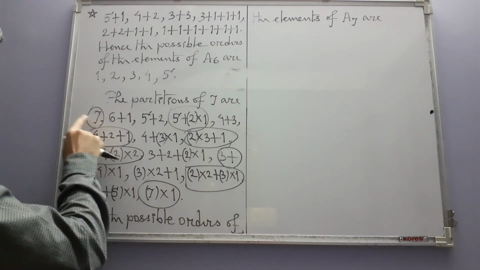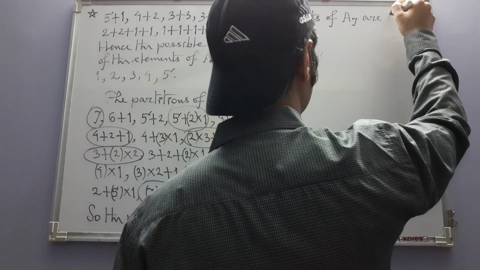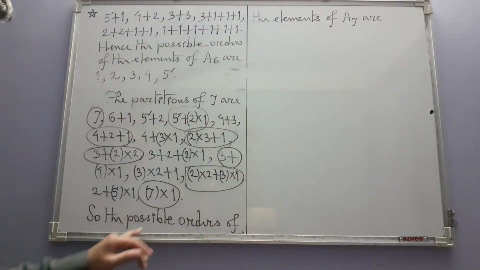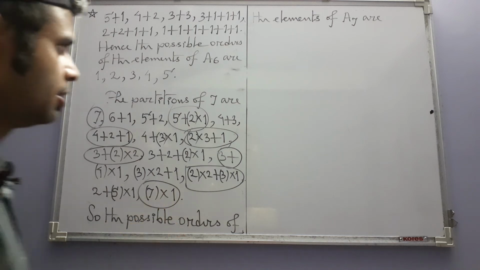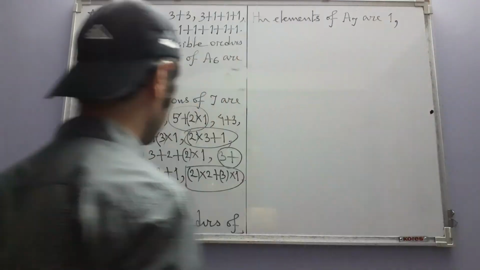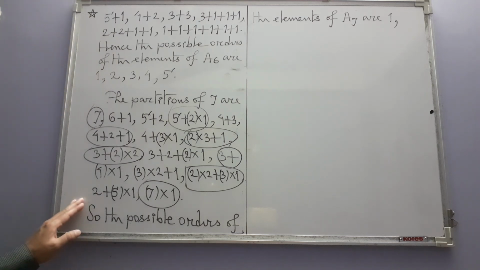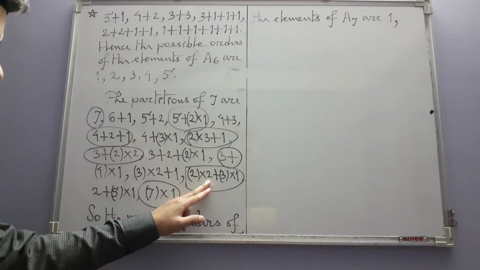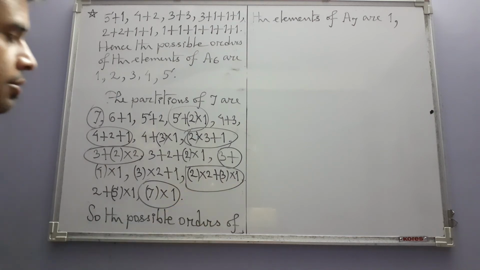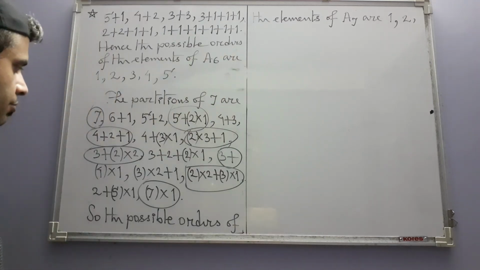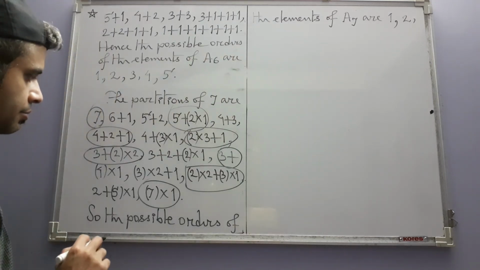So the order of this is 1. Then here we have 2s and 1s, so the order is 2. Do we have a 3 order?